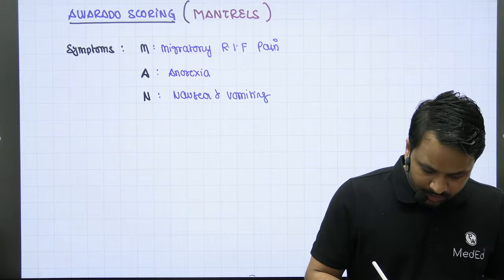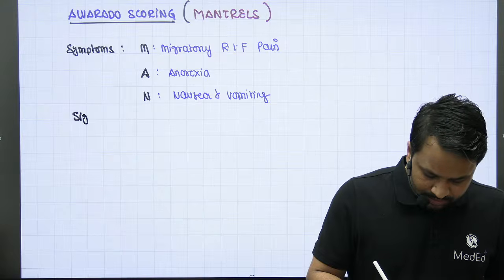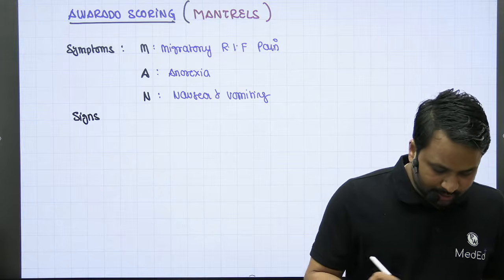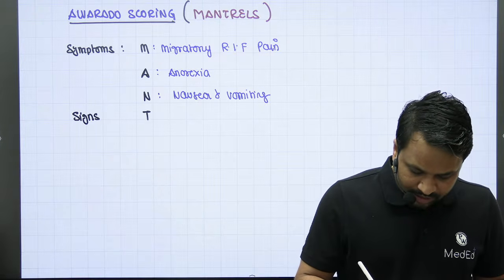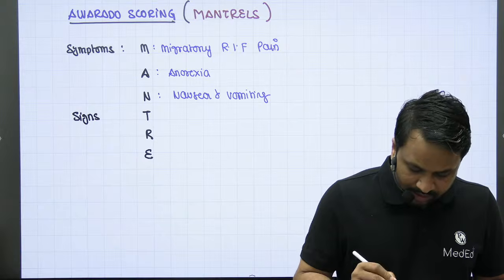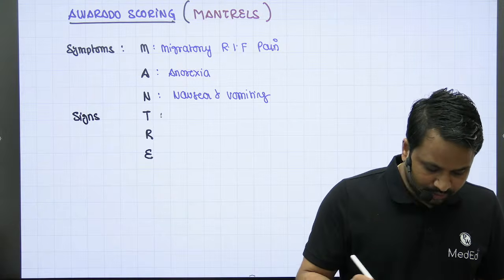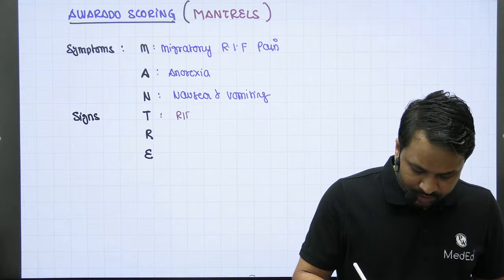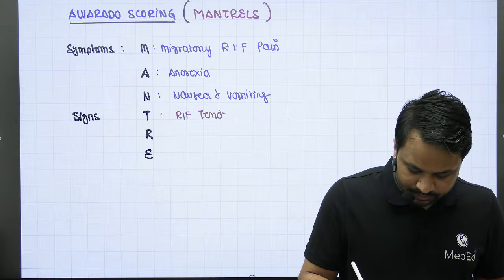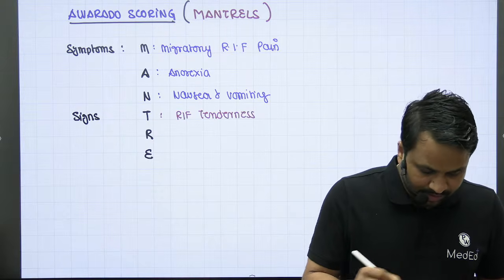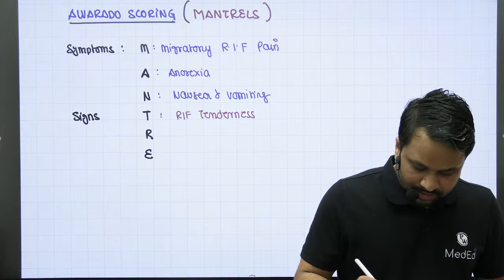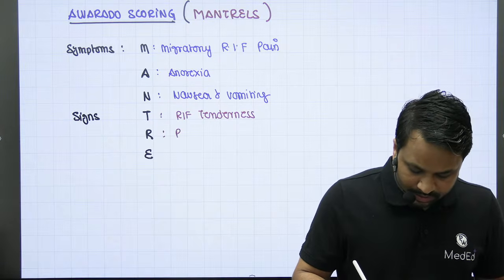Then the second set that you will see is signs. What are the signs? That is T, R, E in MANTRELS. T stands for right iliac fossa tenderness.